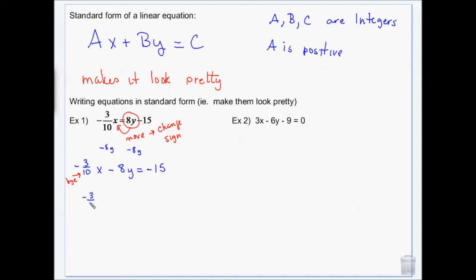So I'm going to take everything and multiply it all by 10. The reason I did that is because when I multiply this by 10, the 10s will cancel, and I get negative 3x minus 80y equals negative 150.